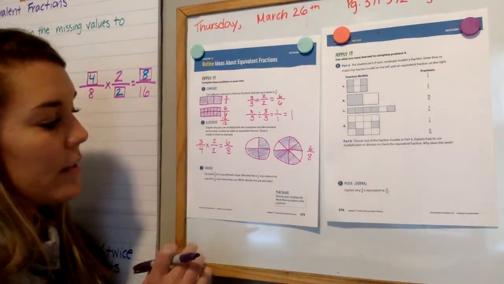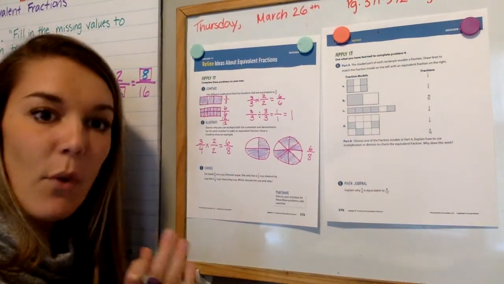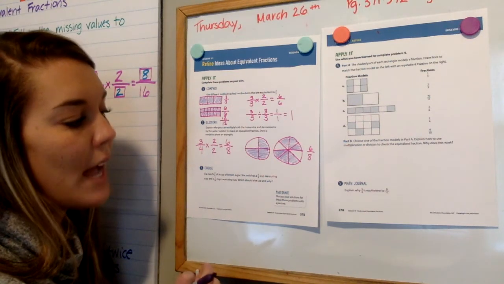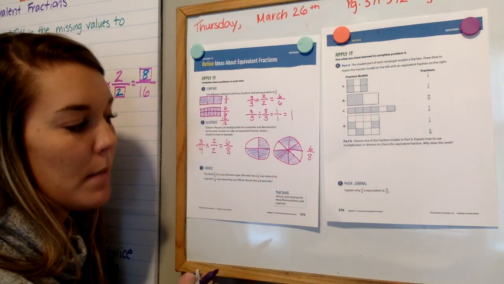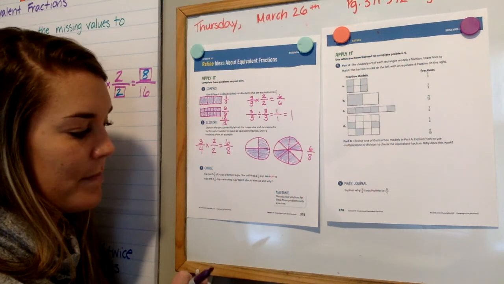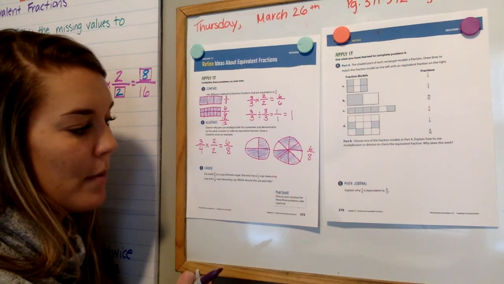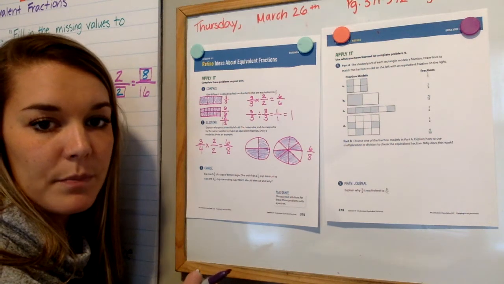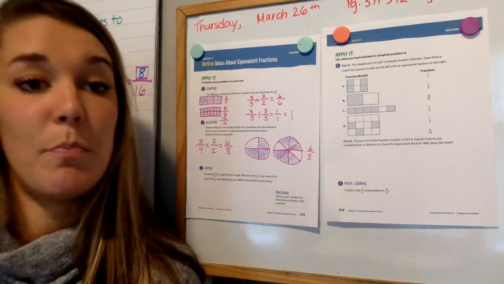This says Fia needs 3/4 of a cup of brown sugar. She only has a 1/3 cup measuring cup and a 1/8 cup measuring cup. Which one should she use? So, Fia's in the kitchen baking.